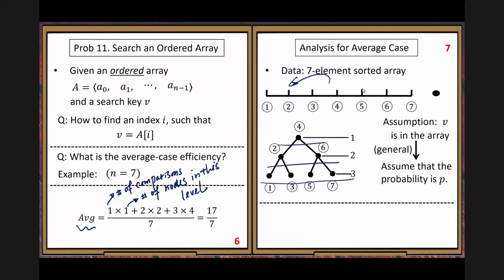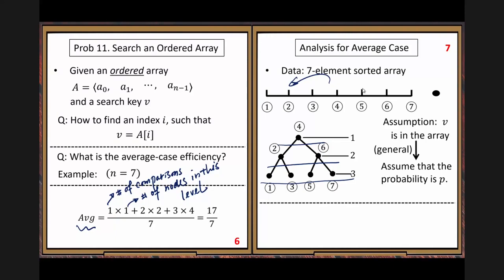In each level, we use the same number of comparisons. So the number of nodes in this level. So 1 times 1, the second term, 2 times 2, the third term, 3 times 4. Total number of nodes, 7, denominator.